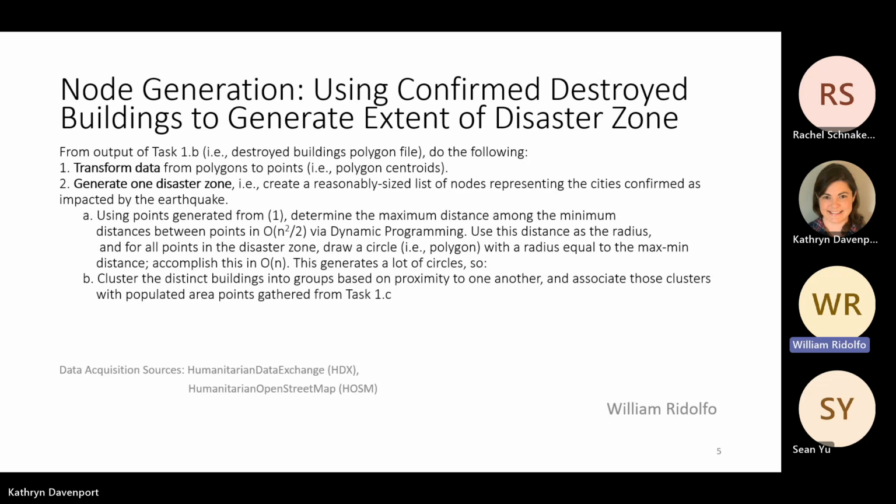The data that I was able to receive was polygons. I had to transform these polygons into points, and then use the points to determine the extent of the disaster zone.